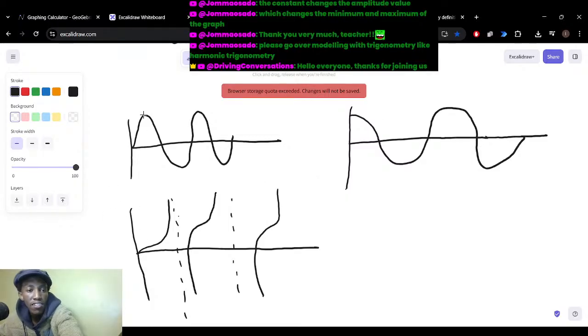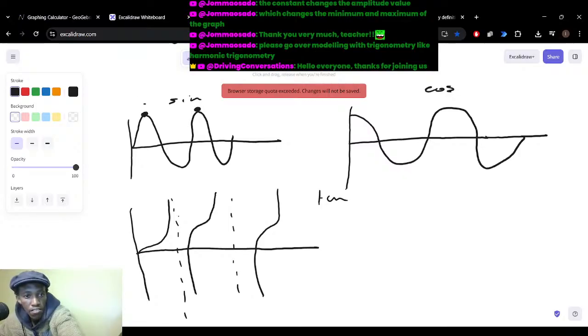So we said that this height is reached once again after 360 degrees.